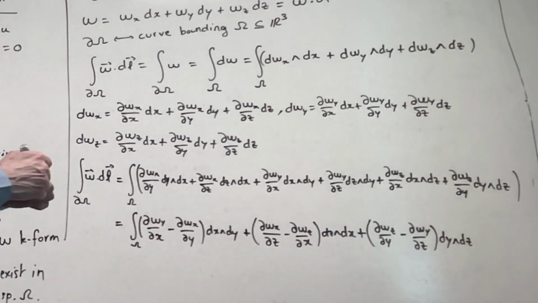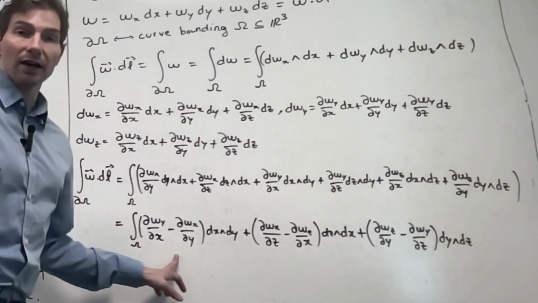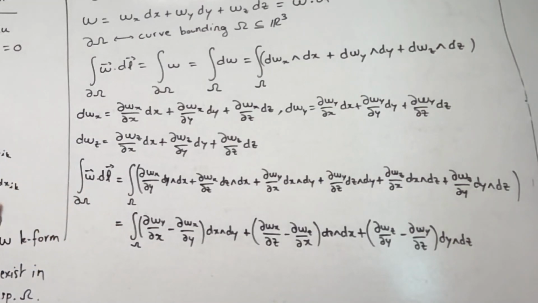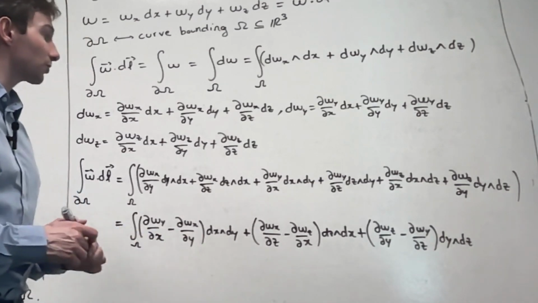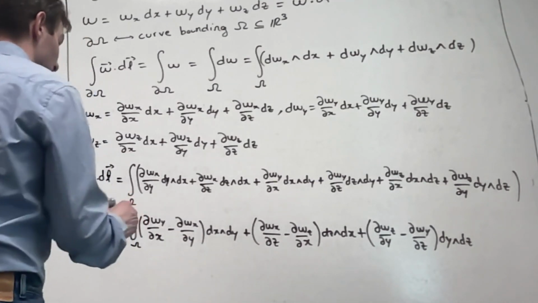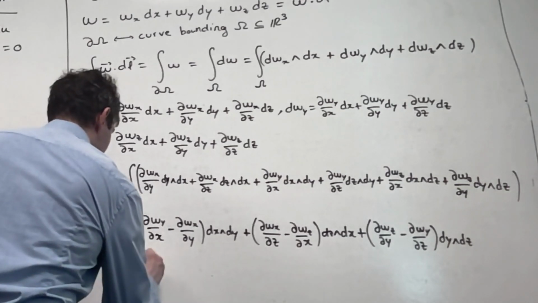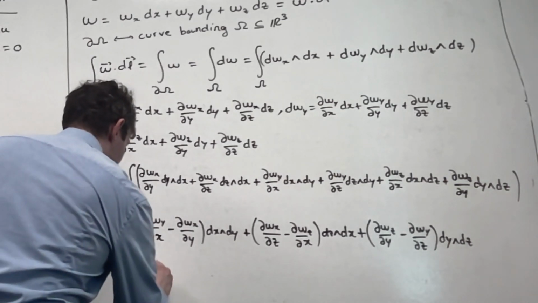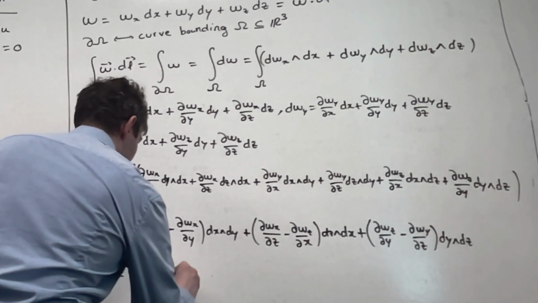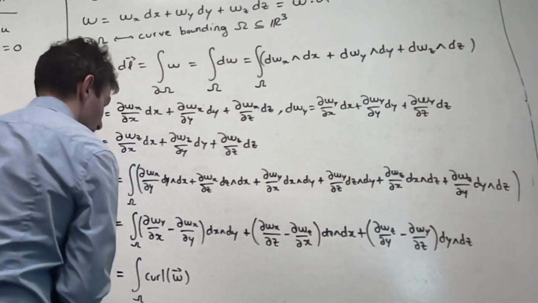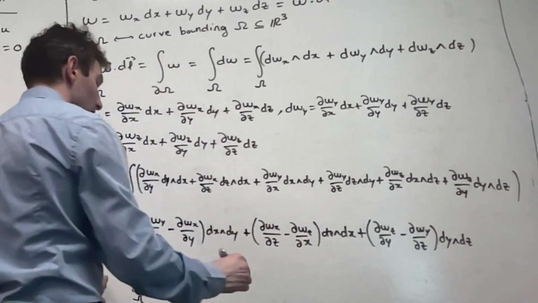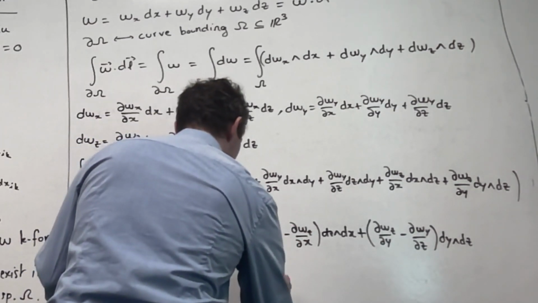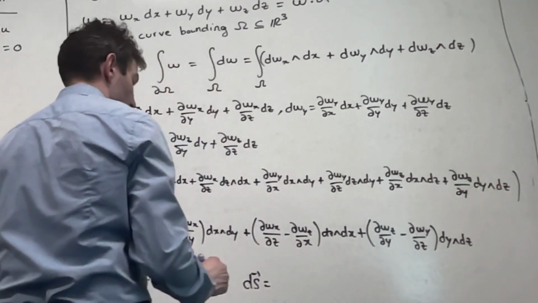Okay, now as it turns out, this corresponds to essentially what we call the curl. And in fact, here, this is going to correspond to the integral of the curl of omega, and then dot product with dS. And here dS is something I talked about, but this time I can write it specifically.